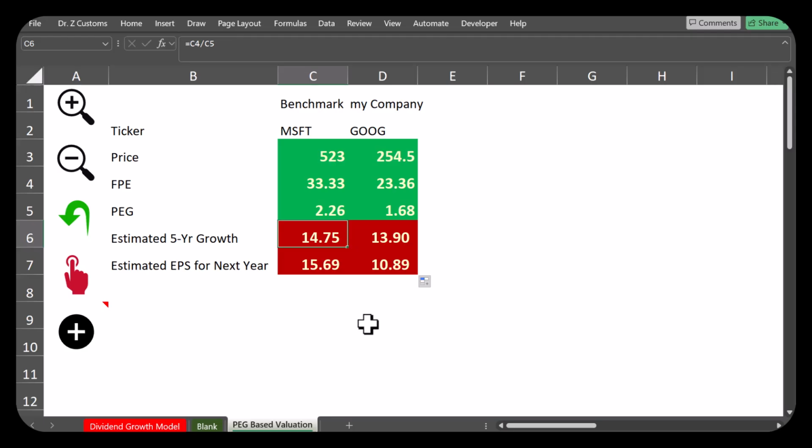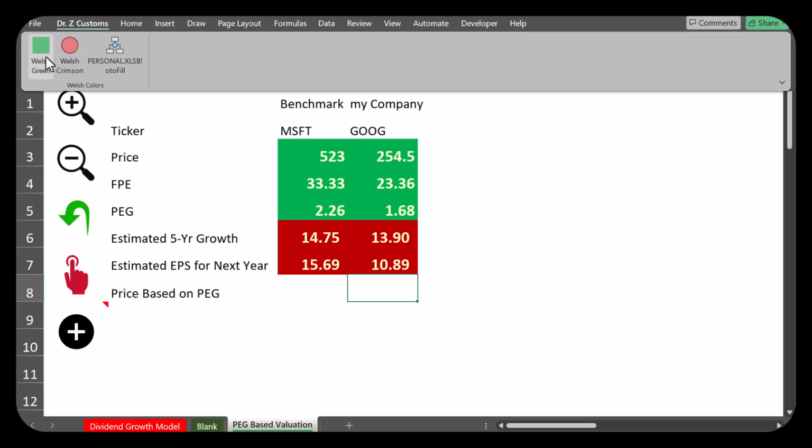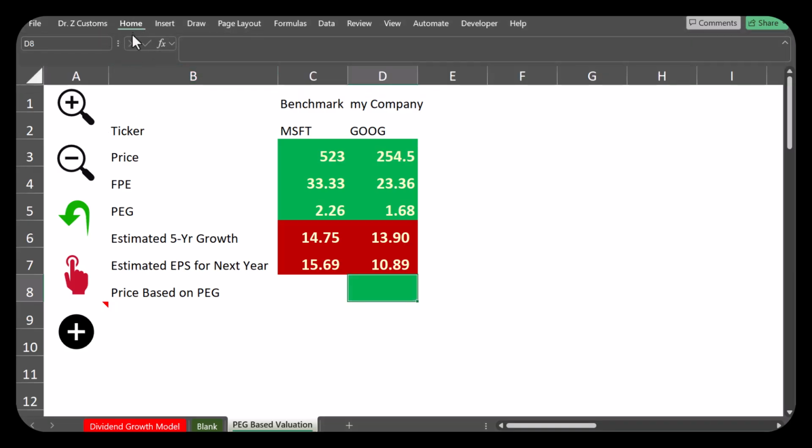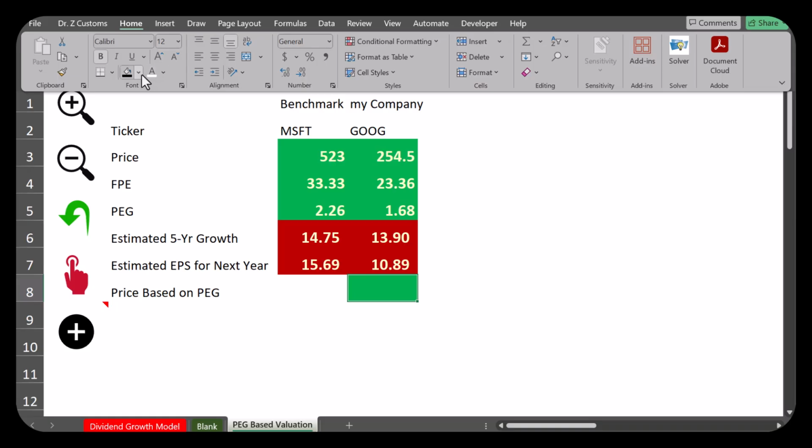What we're going to do, let's see, let's call this price based on comparable. I'm going to make that into a different format. In fact, I'm going to make that black and white.